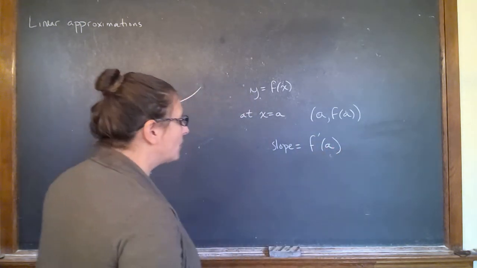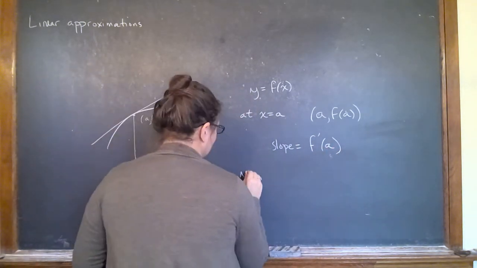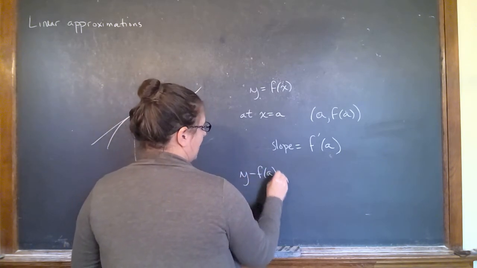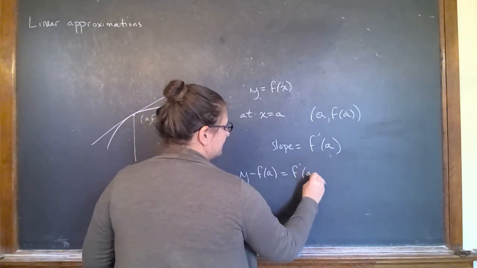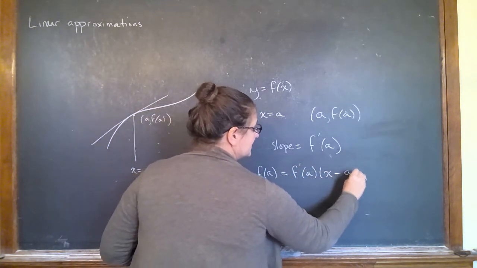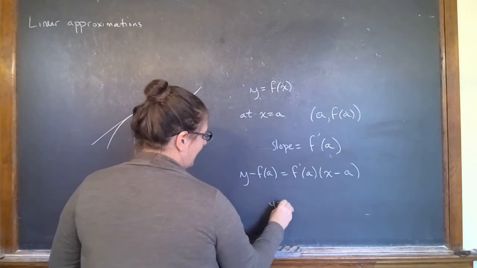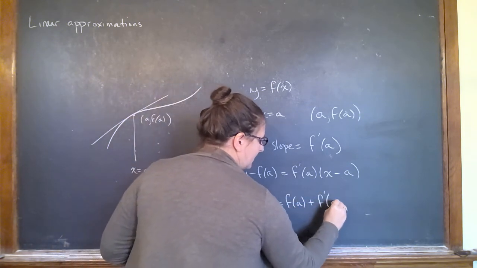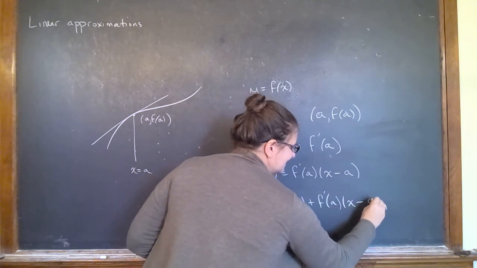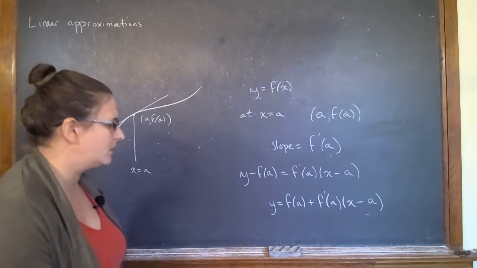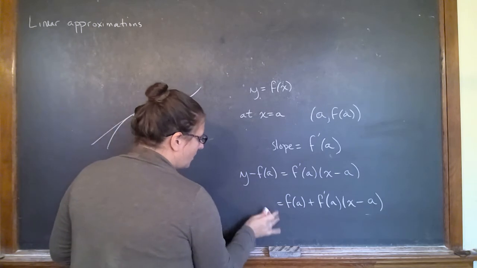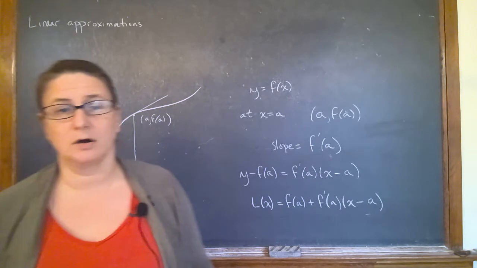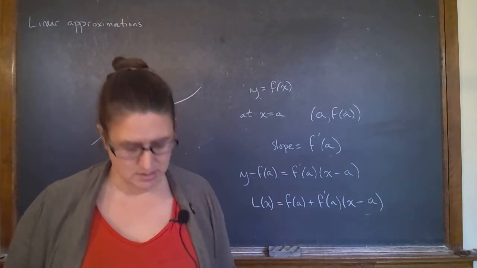And if I write down the equation for this line, it's y minus f of a equals f prime of a times x minus a, or y equals f of a plus f prime of a times x minus a. So this is the line that is the linear approximation, and our book often calls this L of x. It's just the linear approximation to the function.